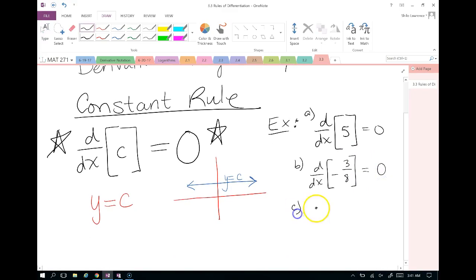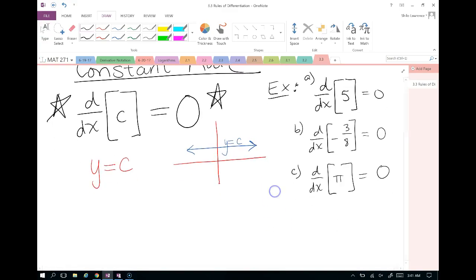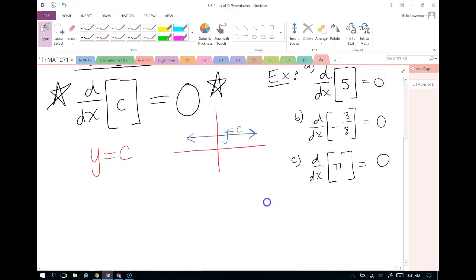The derivative of pi, it's an ugly constant, but it's a constant. It's 0. The derivative of any constant is equal to 0. Okay, nice and easy. Start out easy. The derivative of a constant is equal to 0.